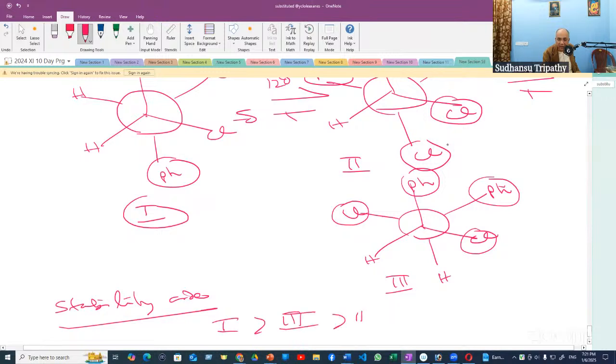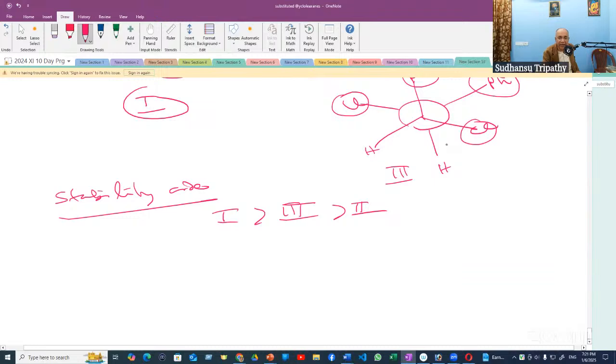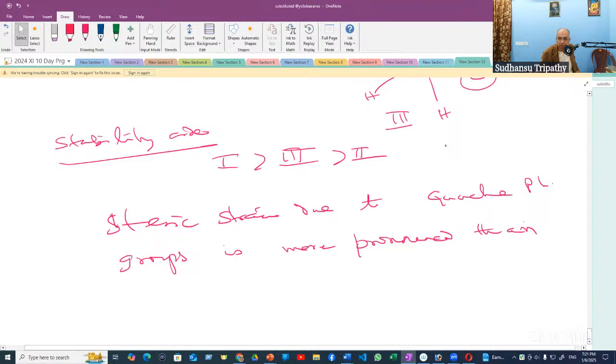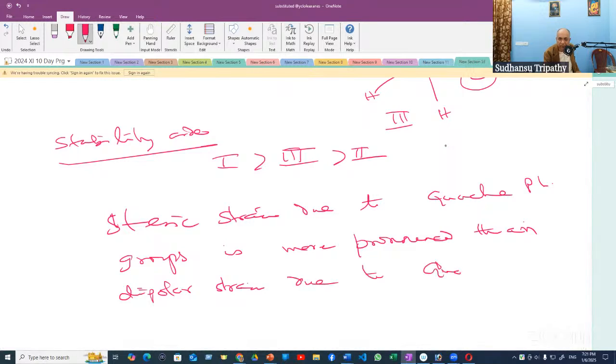Why? I will write down before I explain: the steric strain due to Gauss phenyl groups is more pronounced than the dipolar strain due to two Gauss chlorine atoms.